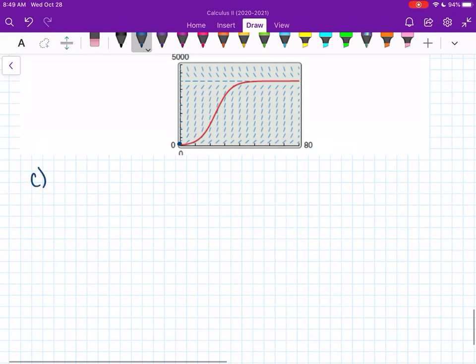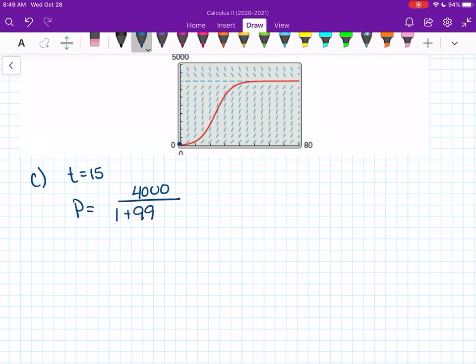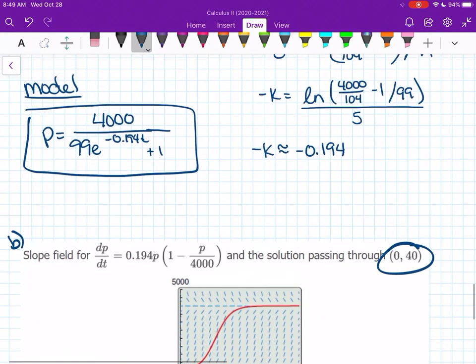So fantastic. All right, next, part C said, estimate the population after 15 years. So I'm going to use that model I just found in part A. So I plug in 15 into this. So 4,000 over 1 plus 99 e to the negative 0.194 times 15.